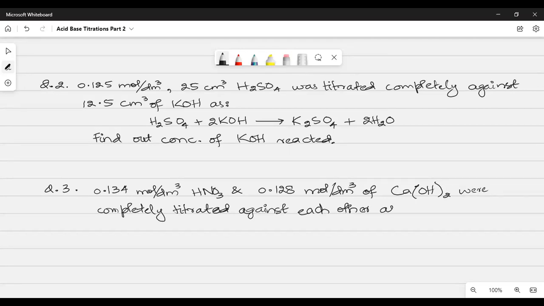And this is the equation: calcium hydroxide, 1 mole, when reacted with 2 moles of HNO3, gives us 1 mole of calcium nitrate, Ca(NO3)2, and gives us 2 moles of water.